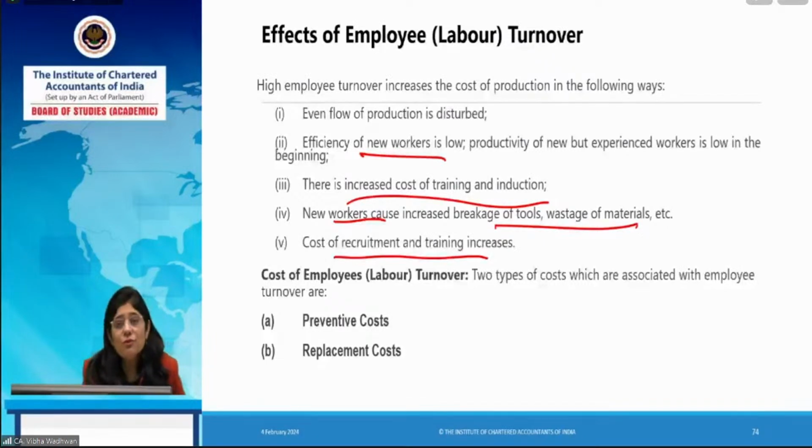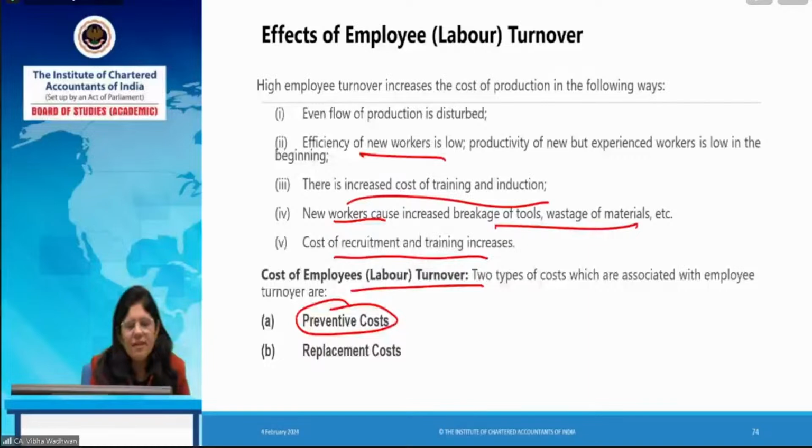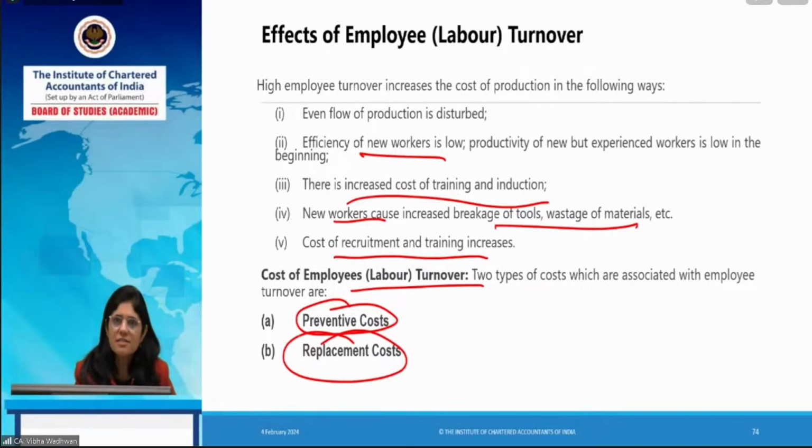Cost of recruitment and training, of course it carries a cost. Recruitment also carries a cost. Clear? So the cost of labor turnover, one is preventive cost and one is replacement cost. Preventive cost is the cost of retaining employees. You give them medical facility, training facility, recreation facility, open a crèche, keep transport facility, give a club facility.